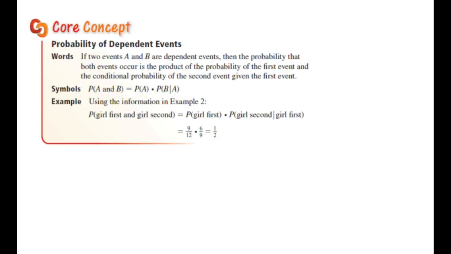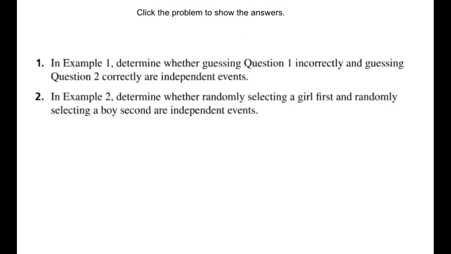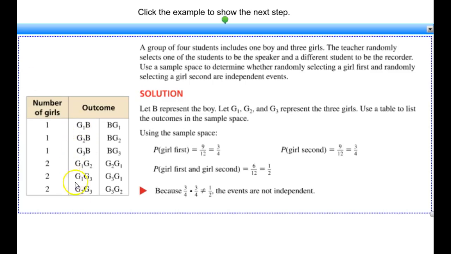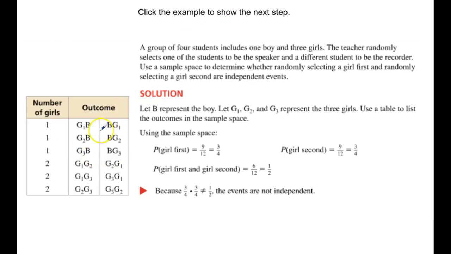So let's look at that last example, right? My probability that I pick a girl first and I pick a girl second, which is what I was looking at. So I find the probability of picking a girl first. I count the number of times. Then I look at my sample space and figure out, if I've already taken a girl first, these do not count anymore because they do not go with that first probability.